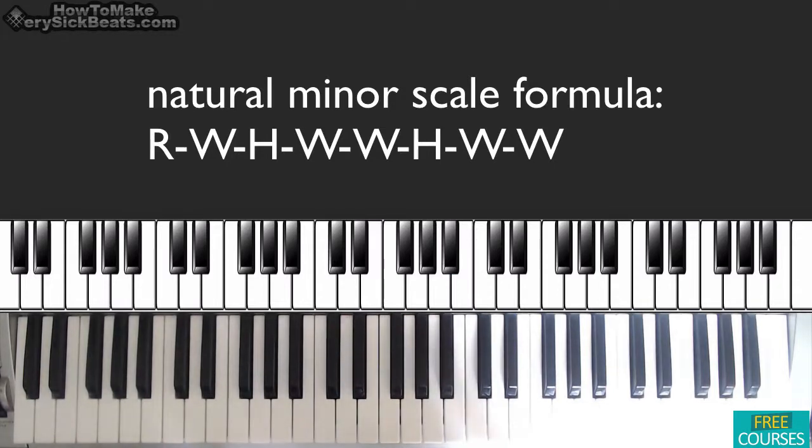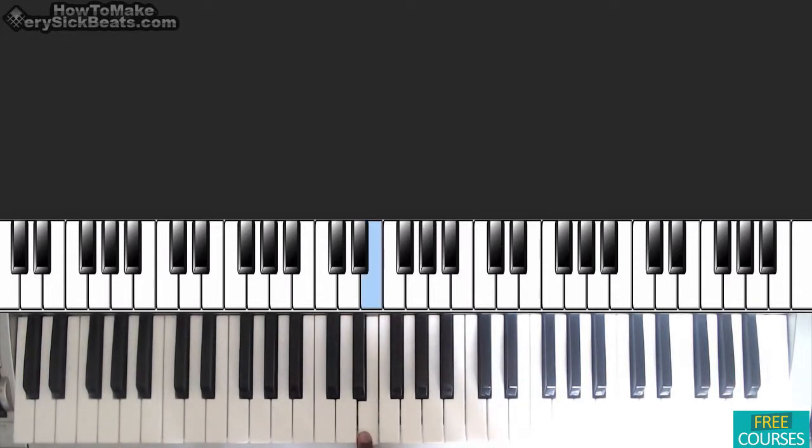Now let's do a whole different key. Say we're in the key of E, right? And we want to figure out a natural minor. So let's take it down 3 half steps. 1, 2, 3.